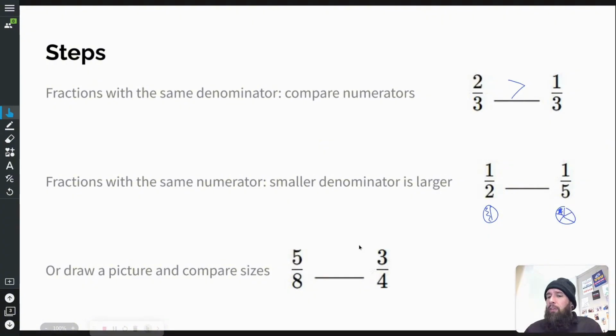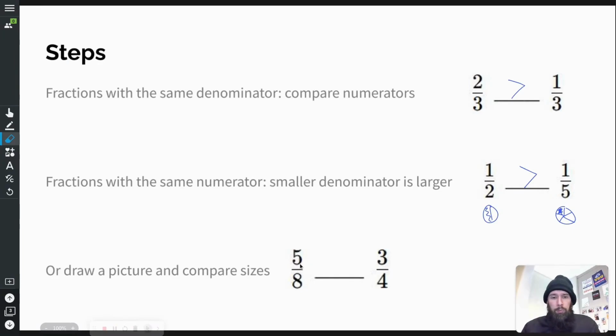So 1/2 is bigger than 1/5, so I'm going to say 1/2 is greater than 1/5. It's opposite of what seems like it should be, right? But again, when the numerators are the same, you look at the denominators, and the smaller denominator means it's bigger. Now, the third option is what if neither of them are the same?